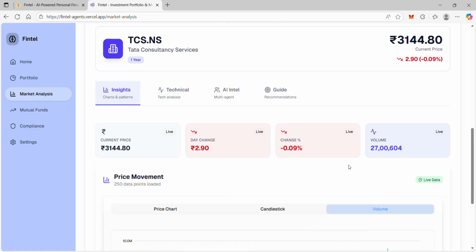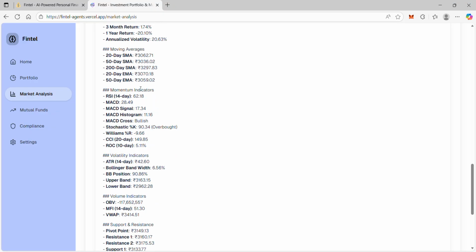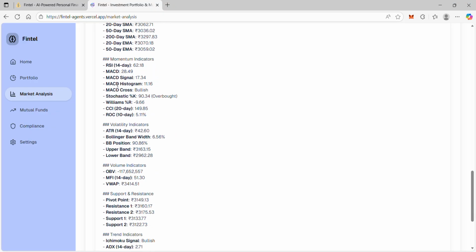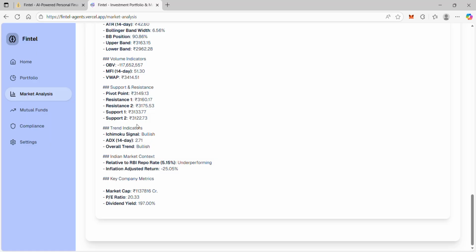All this is on real-time data. You can verify and check. This is the current price right now. This is the technical analysis, and as I said, all this is calculated in real time.